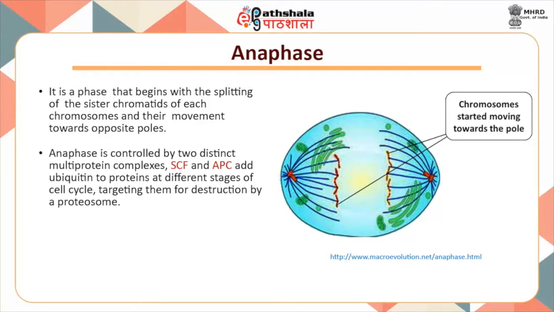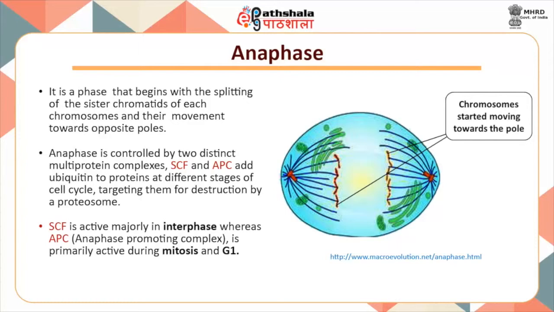They add ubiquitin to proteins at different stages of the cell cycle, targeting them for destruction by the proteasome. APC has two versions differing in the type of adapter, containing either a CDC20 or CDH1 adapter protein. These adapter proteins alter substrate recognition by the APC complex.